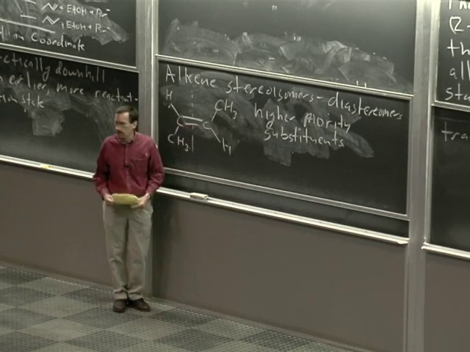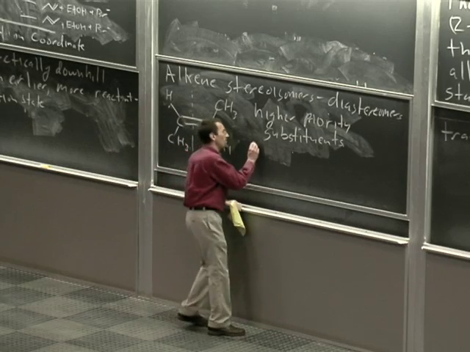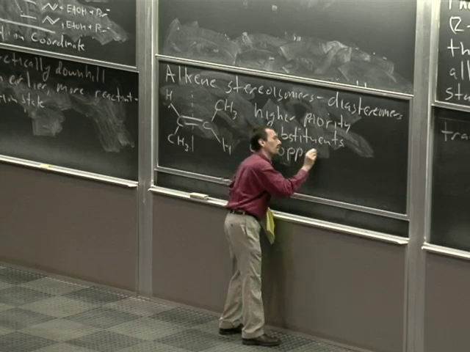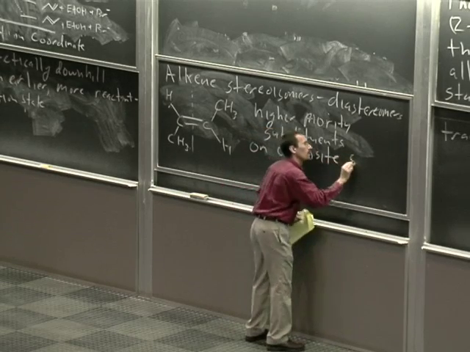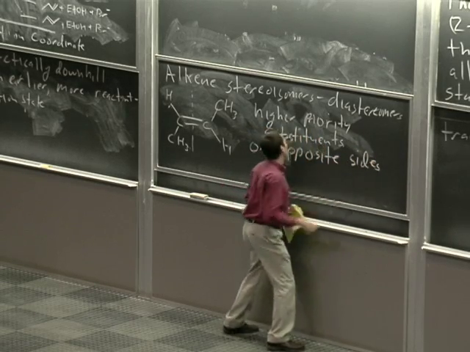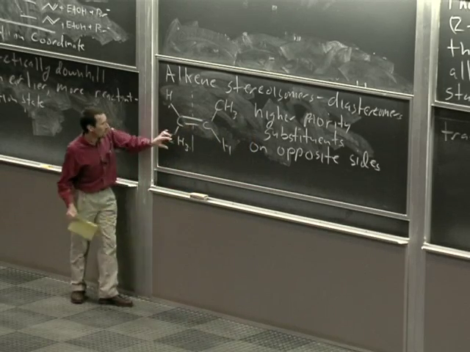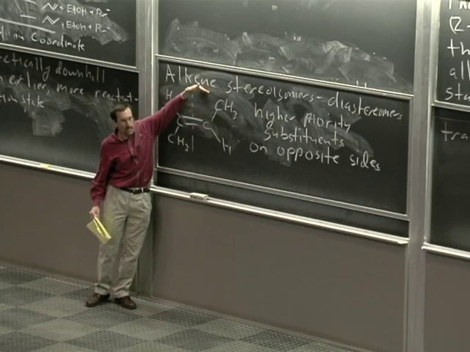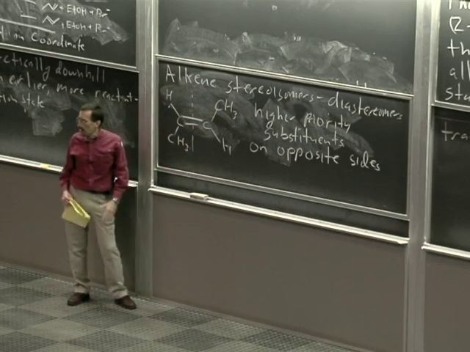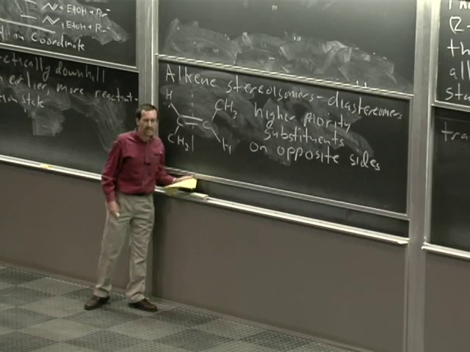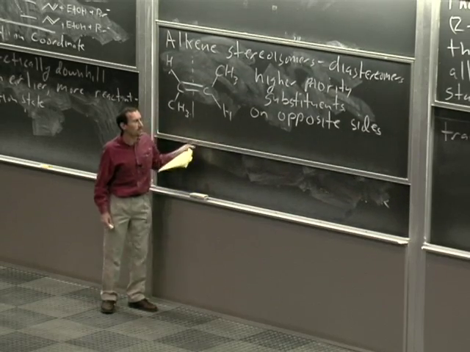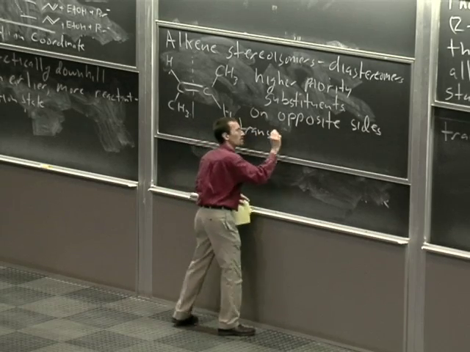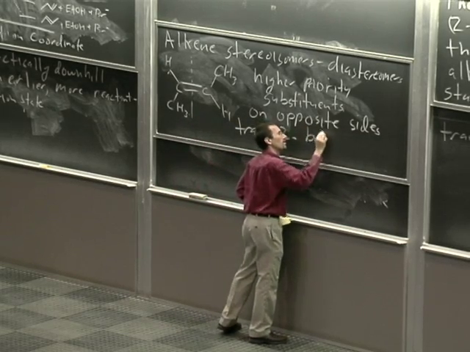Here, the higher priority substituents are on opposite sides of the double bond. By that I mean this one is on this side, this methyl is on this side. Since they're on opposite sides, we say this is a trans isomer, or more specifically, in this case, trans-2-butene.